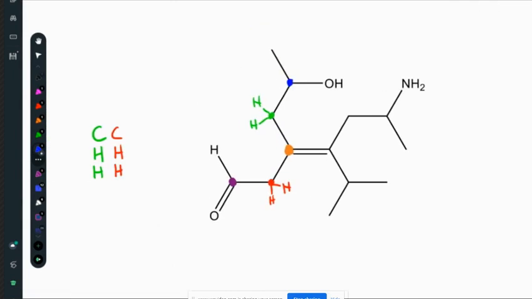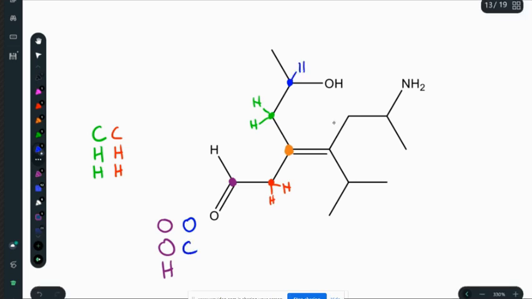So my purple one is bonded to O, O, and H. My blue one is bonded to O. It's also bonded to C, and it's also bonded to H. All right, so now I compare the first line.